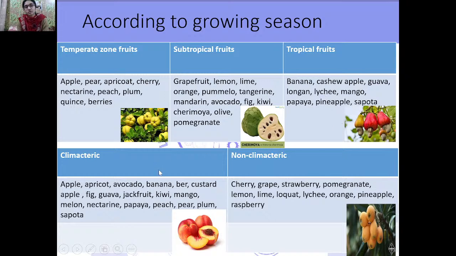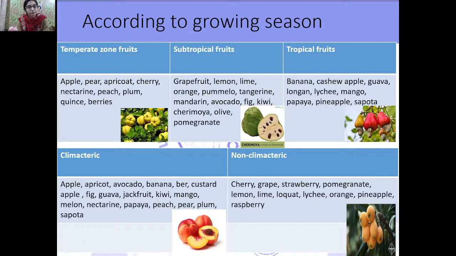So then comes the climacteric and non-climacteric. This is again a very important term, from which 200% a question comes, which fruit is climacteric or non-climacteric. Climacteric fruits, when we define them, are those fruits which ripen even after harvesting.